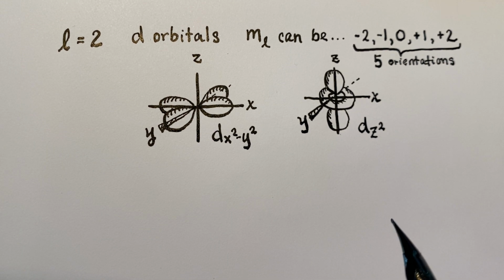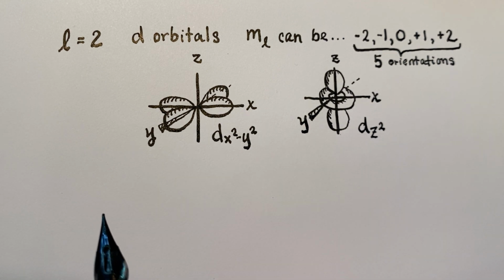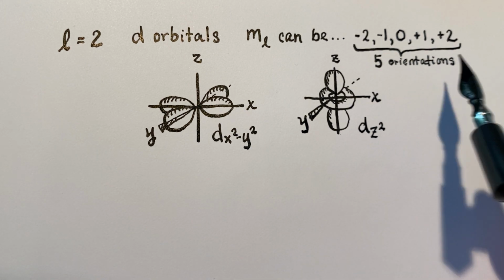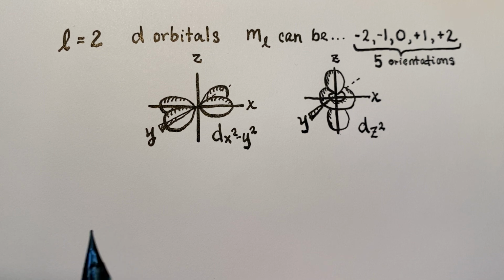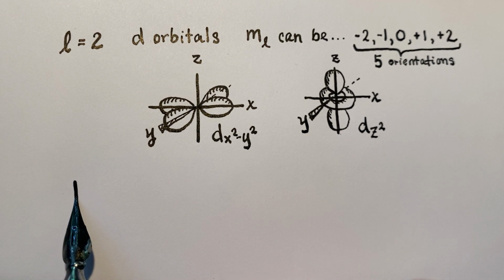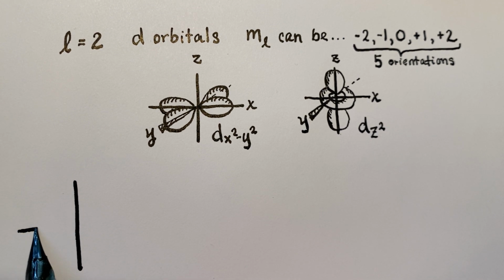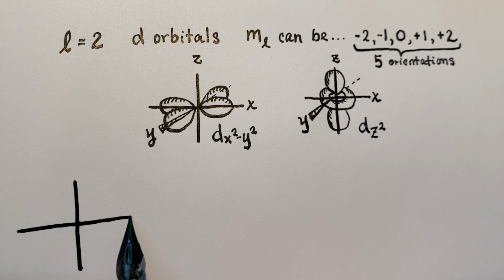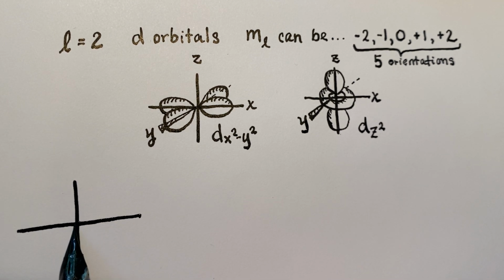All right, and then we have the remaining three. Because remember, there are 5, so we've taken care of 2 of them. And the other 3 look really similar to each other. They're essentially just getting rotated around on different planes.